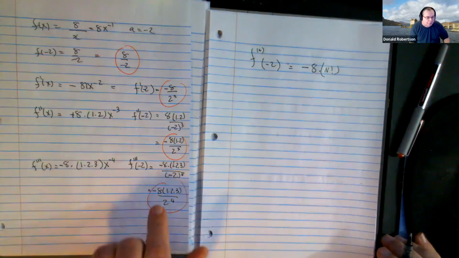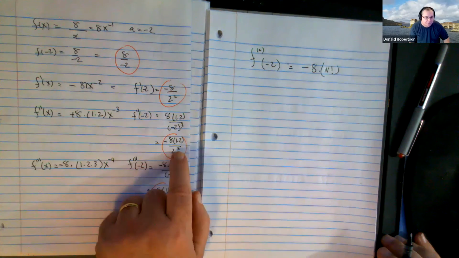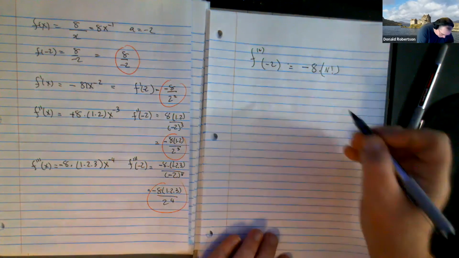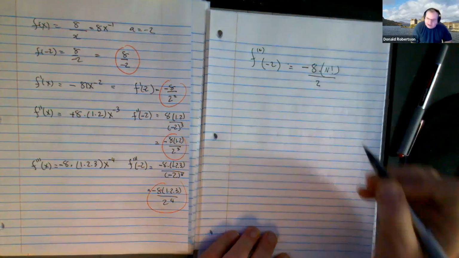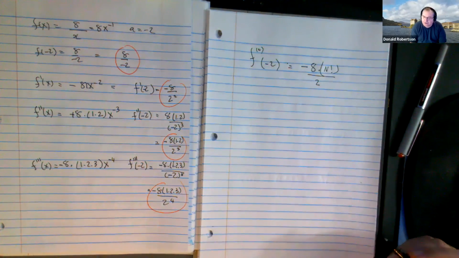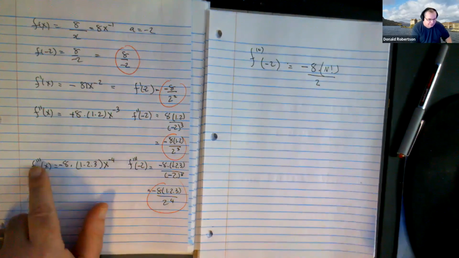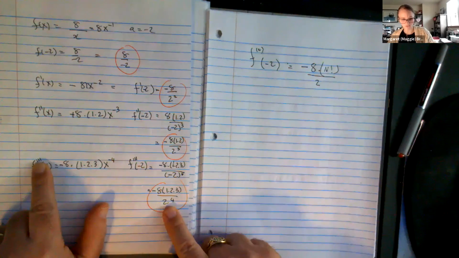Now, what do you have in the bottom? The second derivative gets me 2 cubed. The third derivative gets me 2 to the power of 4. So what will the nth derivative get me? 2 to the power of? N plus 1. N plus 1.